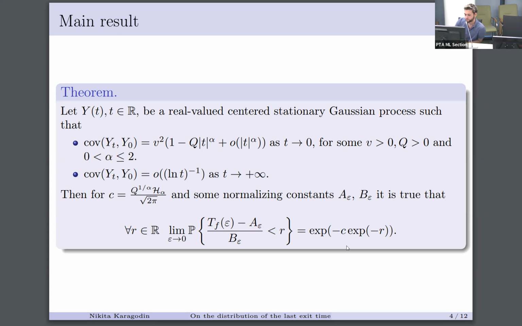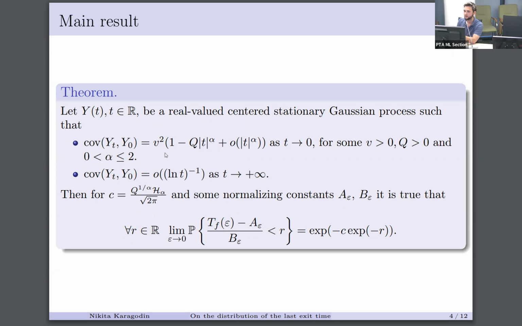Yes, I have the constants written, so I know their exact form. And V is just the variance of your process, because as you see in the definition, epsilon is a scaling parameter, right?